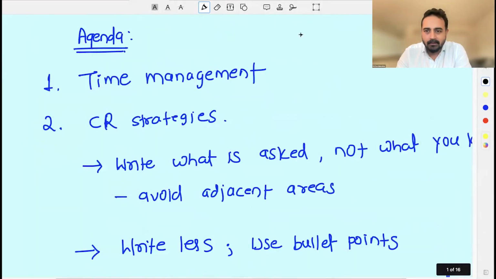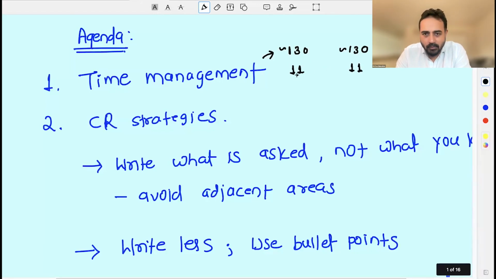Now, first is time management. So you get roughly 2 hours and 15 minutes. Is that correct? So you get about 130 odd minutes for the first paper and 130 odd minutes for the second paper. Now, in each of the papers, you have to do 11 total case studies.